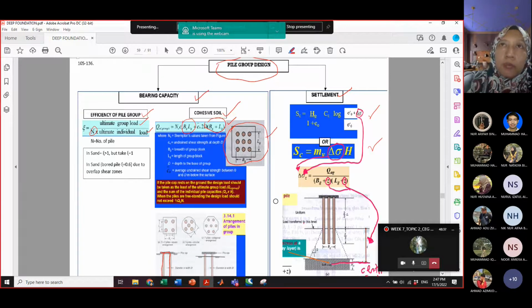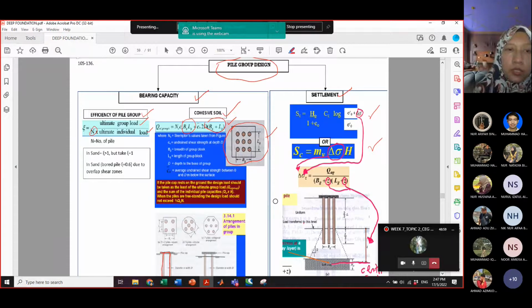That means we will use a pile cap. In the pile cap, we will arrange our piles either in 3 orientations or in 4 orientations. So the pile cap depends on the pile arrangement, the number of piles. The number of piles can also give you the efficiency of the pile group.